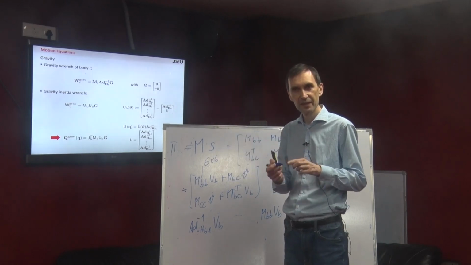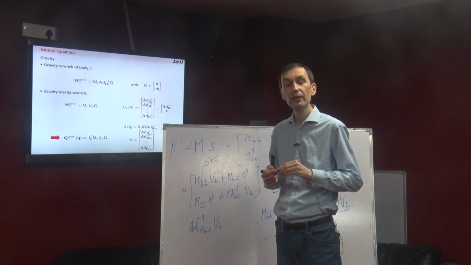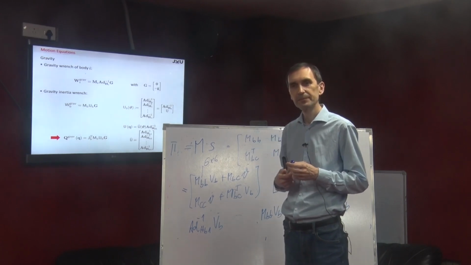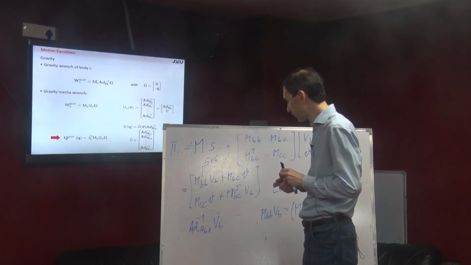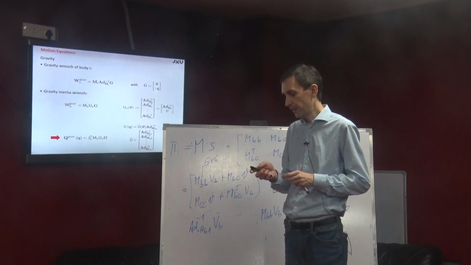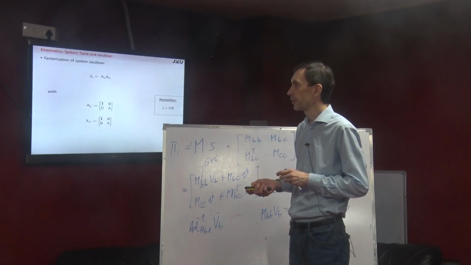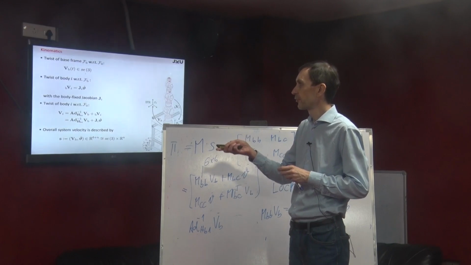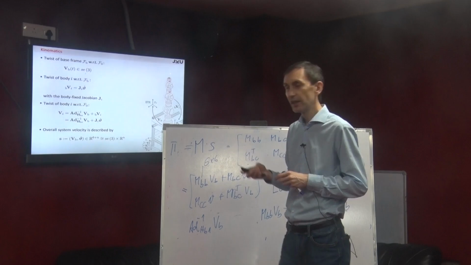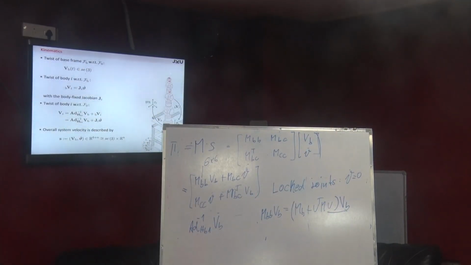Link 1 is just the first in our kinematic chain. We have our robot here, the first link, the second link, and so on. So we have link 1 up to n.